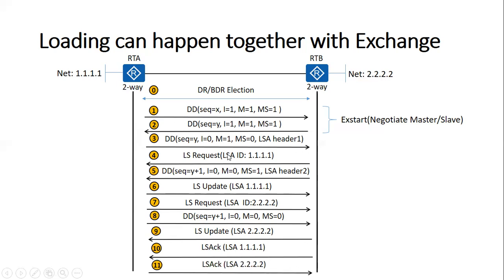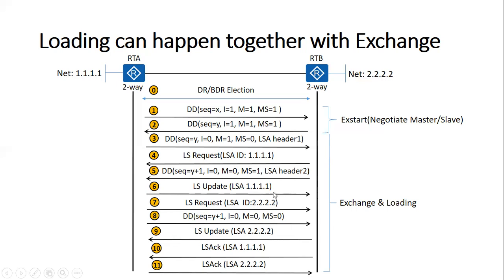So as you can see, inside here, this process is intertwined. There is this loading phase and this exchange phase, where we have DDs being exchanged, and we have loading, where we have link state update, link state acknowledgement, and link state request happening. So we are saying the exchange and loading can happen interchangeably together.